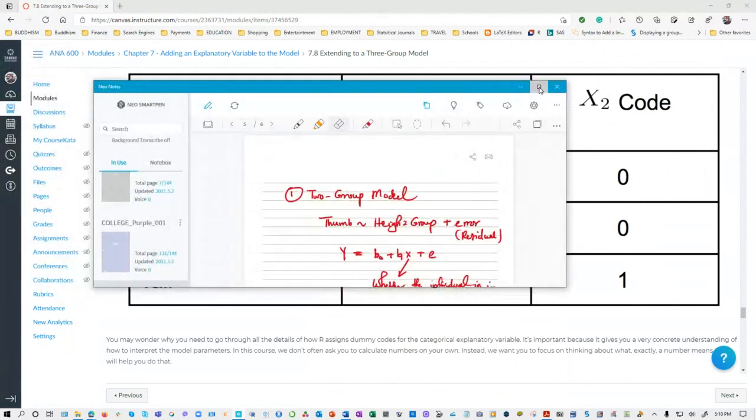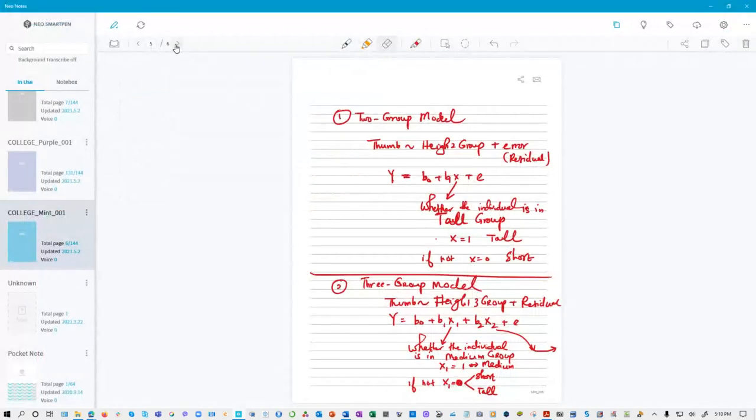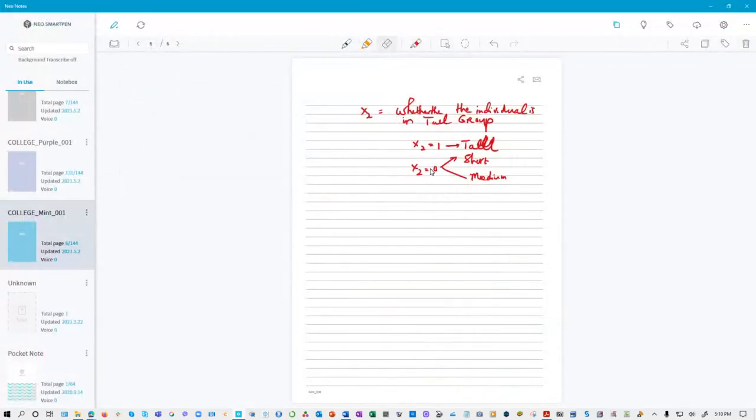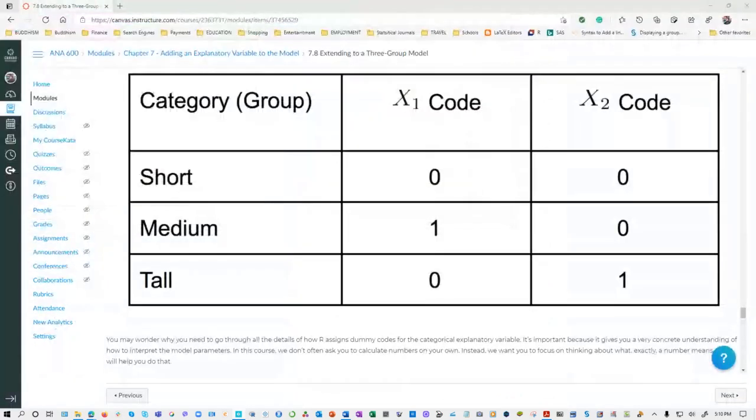Then go to the tall group. Tall group means X2 should be 1. If it is 0, we don't know. If this is 0, I don't know whether it's in this group or that group. This is the code.